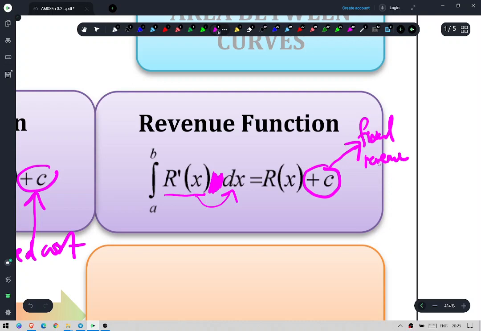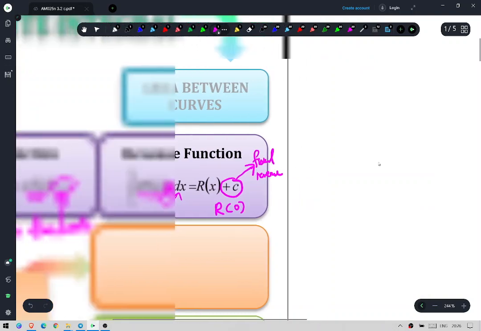This is fixed revenue that happens when R(0), when X is 0, when quantity is 0. Even though in real life situation, fixed revenue shouldn't exist, because we are not doing business and suddenly get money. Looks like MLM. Okay, so let's get started.